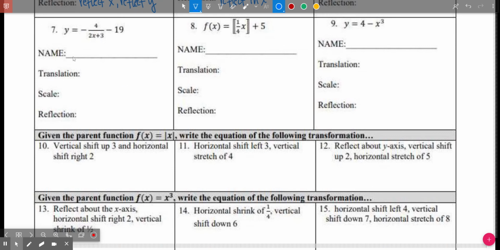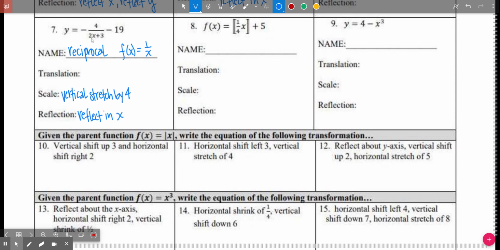And number 7, this is a reciprocal function. Remember, the parent function for a reciprocal is f of x equals 1 over x. So first things first, I have a reflection in x because of my negative out front. To get the 4 on top, I had to multiply that 1 by 4. So that means I have a vertical stretch by 4.